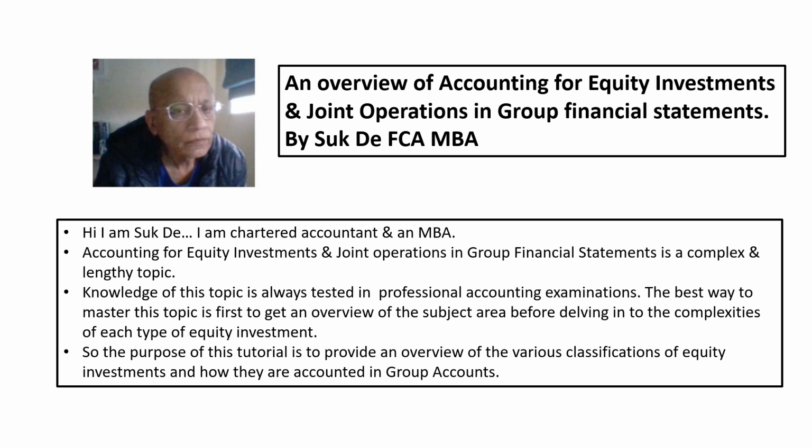The best way to master this topic is first to get an overview of the subject area before delving into the complexities of each type of equity investment. So the purpose of this tutorial is to provide an overview of the various classifications of equity investments and how they are accounted in group accounts.